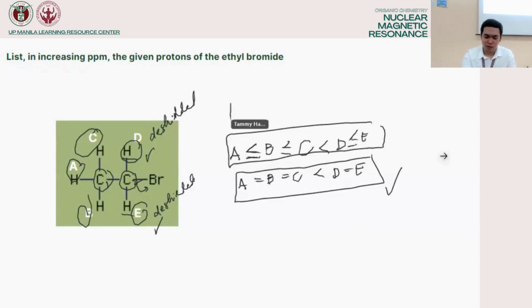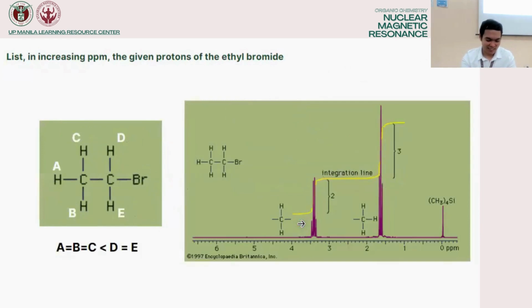Is this the same with this? Math 10. If B is equal to A and B is equal to C, therefore, A equals to C. So, tama. Okay lang. O, tama tayo, guys.